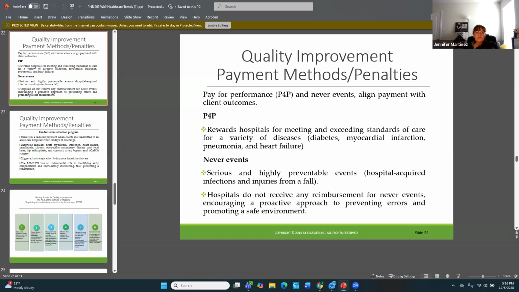Hospitals don't get reimbursed for never events. So let's say you are taking care of a patient in the hospital and they develop a catheter associated urinary tract infection. The hospital is not going to get reimbursed for that CAUTI. All right, the hospital is going to have to eat the cost for treatment of that. If they fall and they break a hip while in the hospital, same thing.